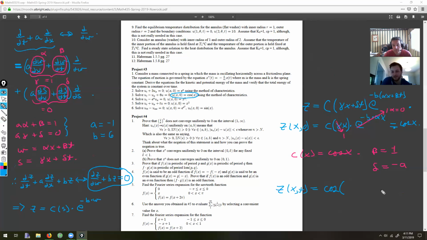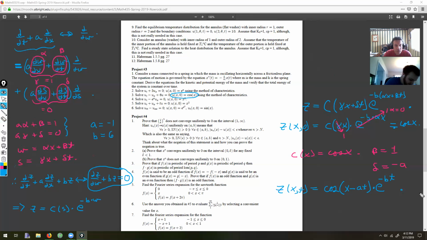Cosine of x minus at, and then times e to the negative b... And alpha was 0, so we don't have any x term, right? So it's just going to be, beta was what? 1. So it's 1. t. So t.